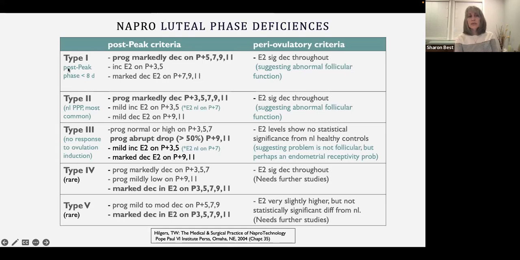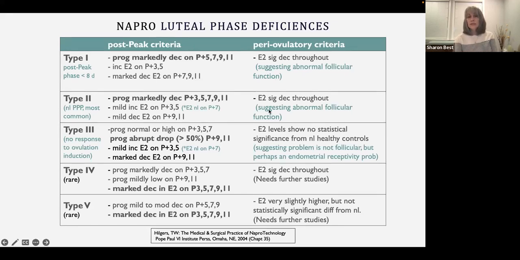On type 1, we have a post-peak phase that is less than 8 days, and progesterone is decreased all across the levels, usually P5, 7, 9, and 11 for sure, and P3 may be normal. Now, type 2 is the most common. In this one, we have a normal post-peak phase, and then progesterone is again decreased all across the board.